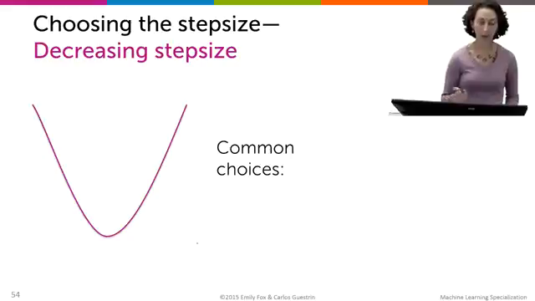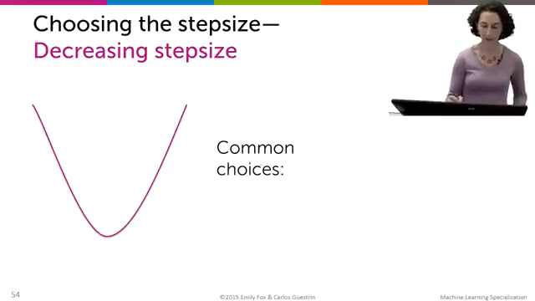On the other hand, a common choice is to decrease the step size as the number of iterations increase. Okay, so this means that there's some step size.